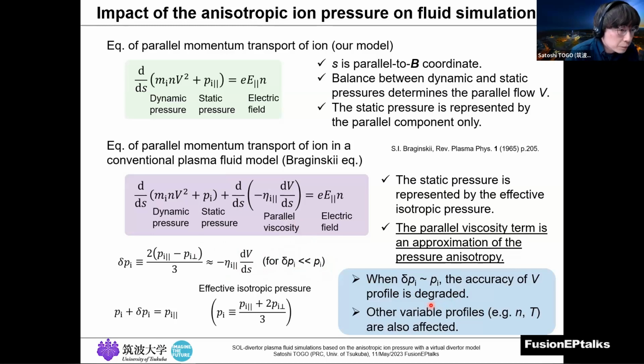In addition, because this kind of fluid model solves a set of system equations, other variables like the density and temperature are also affected. Therefore, our basic idea to improve the accuracy is to simply go back to this very basic equation by introducing the anisotropic ion pressures.